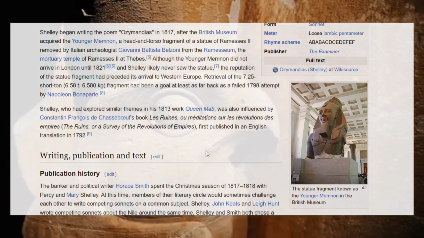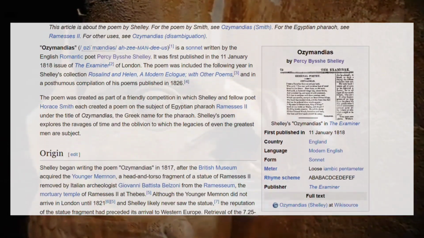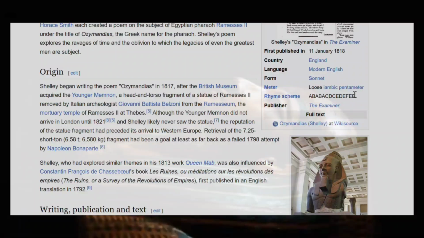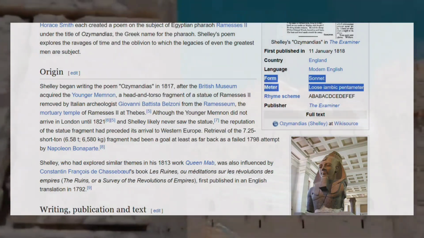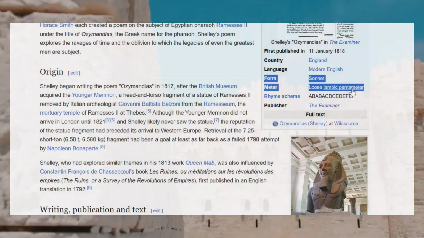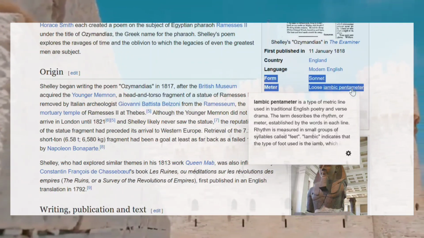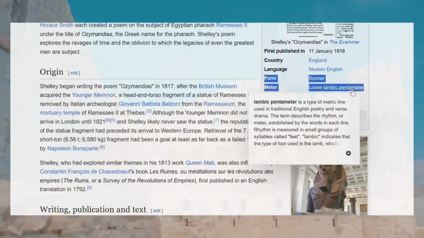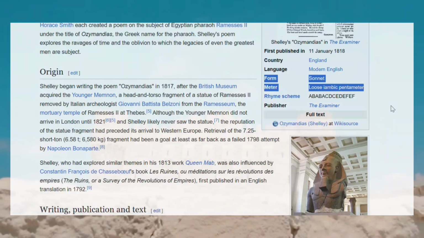Let's talk about the structure of Ozymandias. Ozymandias is a sonnet, a 14-line poem traditionally written in iambic pentameter. Shelley's sonnet, however, deviates slightly from the typical Shakespearean or Petrarchan sonnet forms, blending both structures with a unique rhyme scheme.